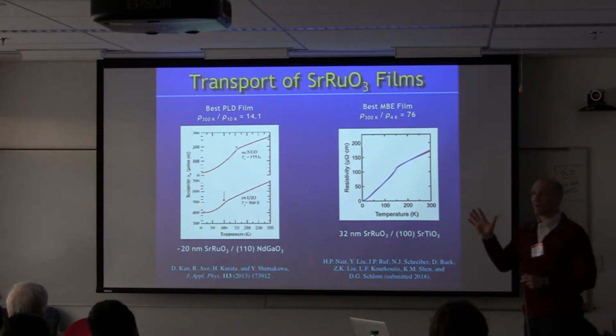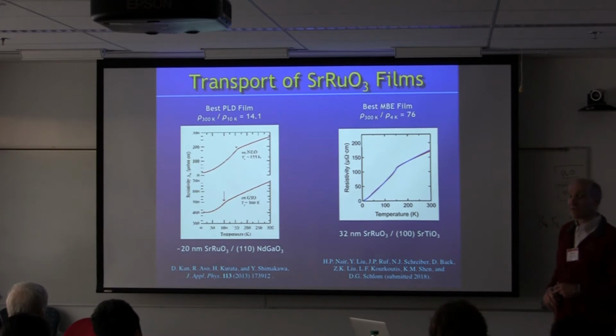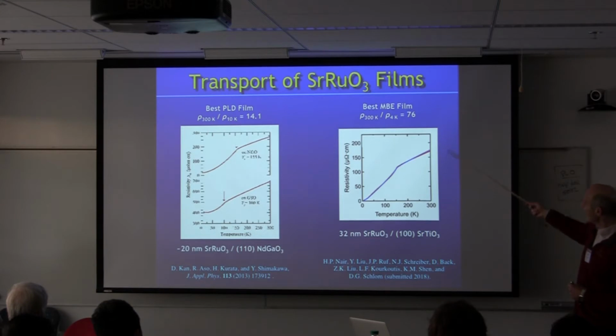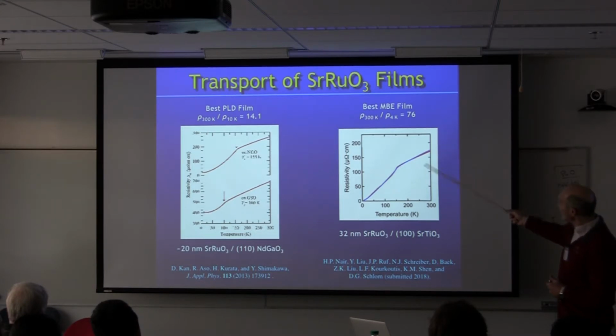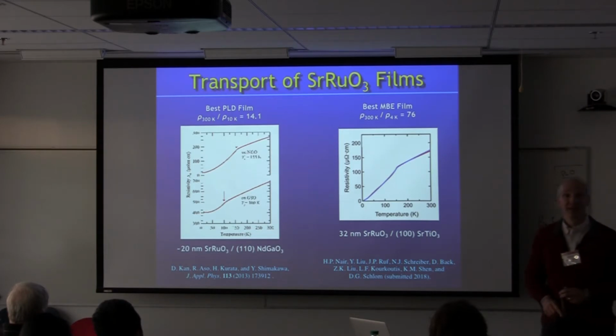Typically, people will have around 5 if you look in a typical paper by sputtering or pulsed laser deposition. This one by PLD is the highest that's been published. It's at 14.1. And if you compare that to the best that's been achieved by MBE, which happens to be our result, it's 76. And I'm just showing one material.